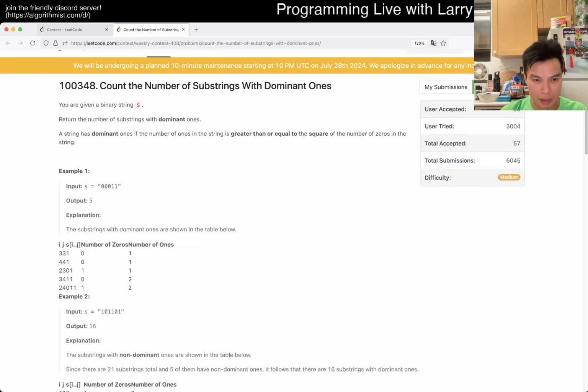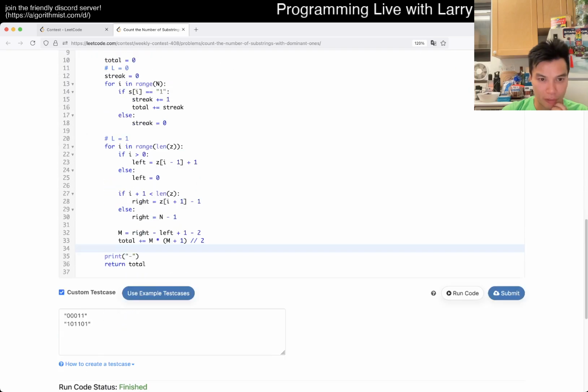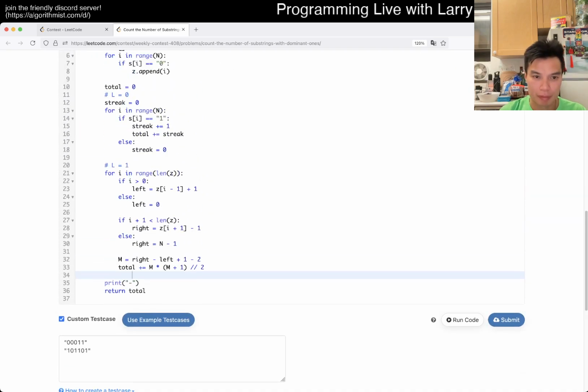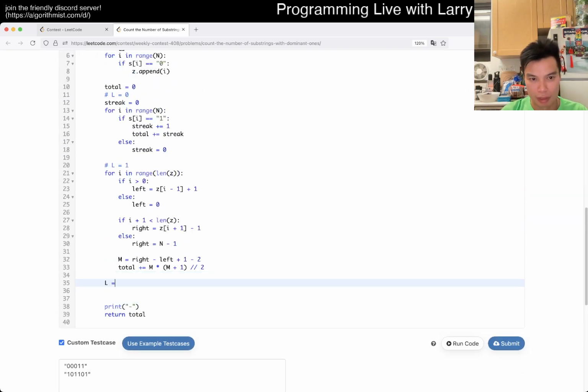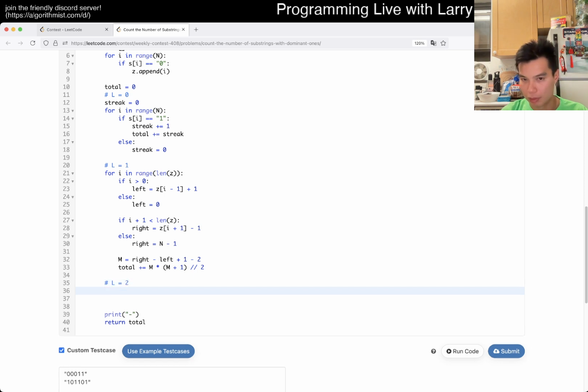Okay, I mean that seems right, but then for length 1, and then now we have to do length whatever, right? And I think I can do it with this math, right? Yeah, I think so. Maybe.